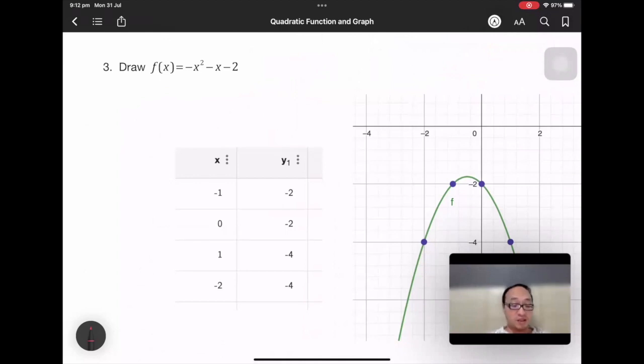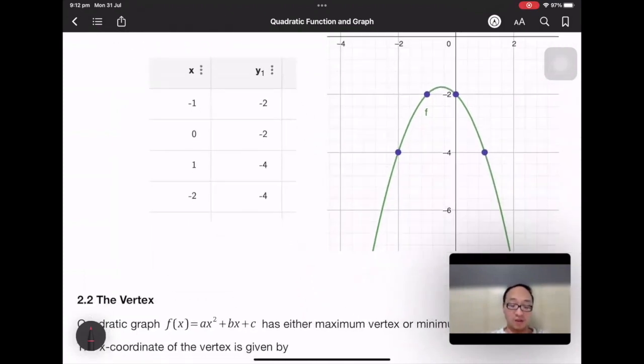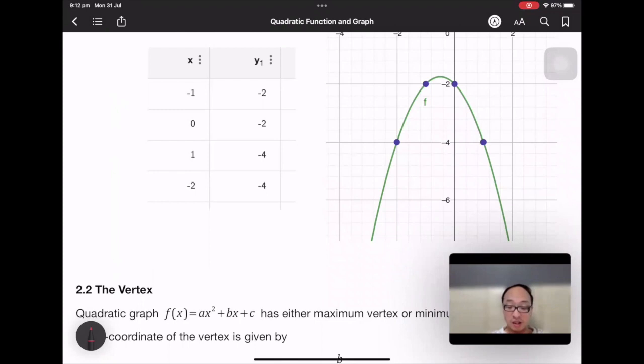Next, number 3, draw negative x squared minus x minus 2. We plot again, putting all the values of x into the expression, and you will have the y values: negative 1, negative 2, and then 0, negative 2, and then 1 and negative 4, and also negative 2 and negative 4.